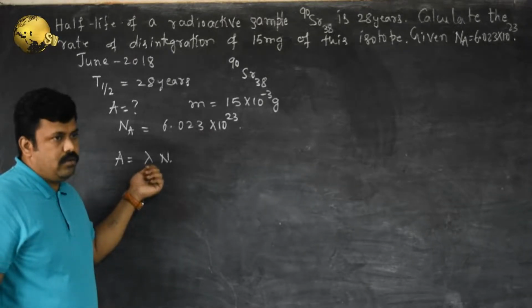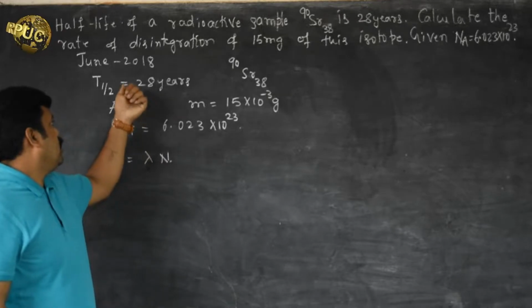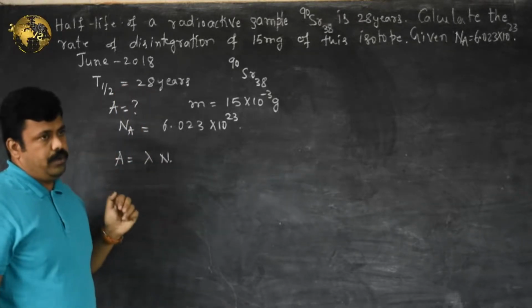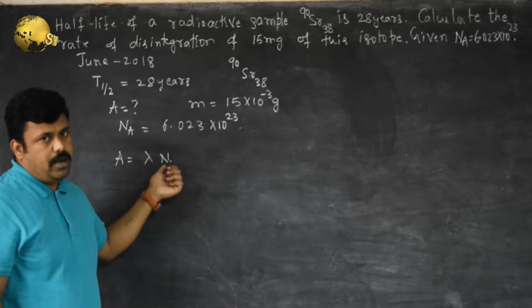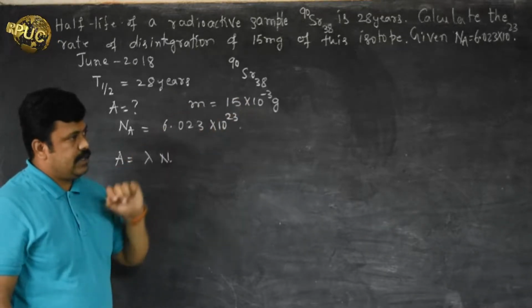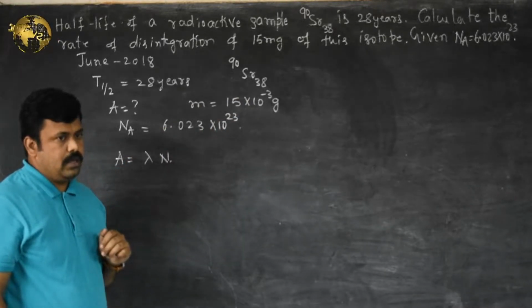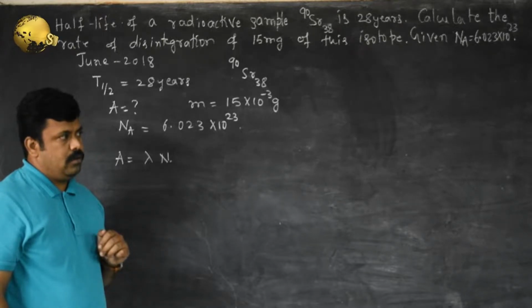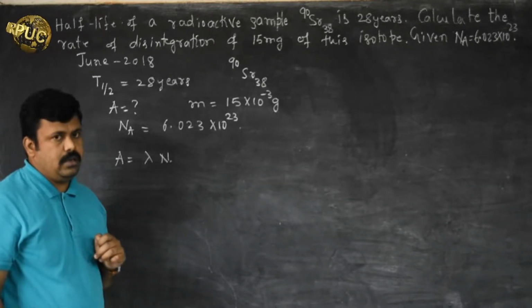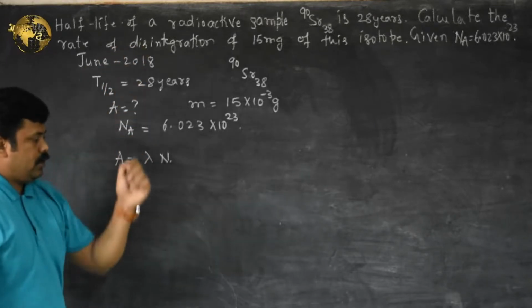One is lambda, which can be calculated using the half-life period, and the other is the number of atoms in the given sample. So let's find out this one first.